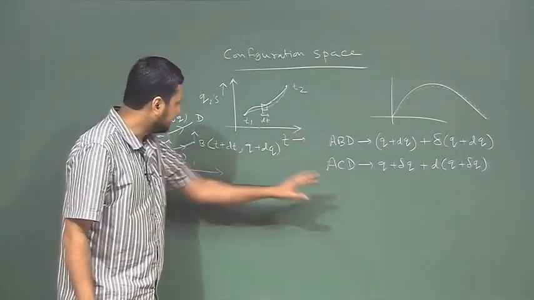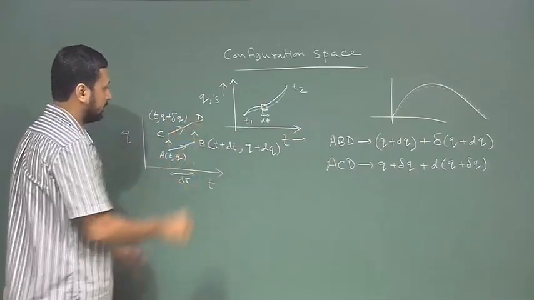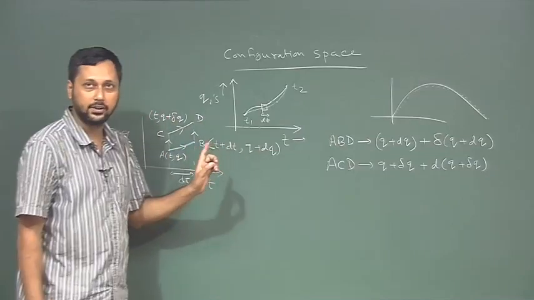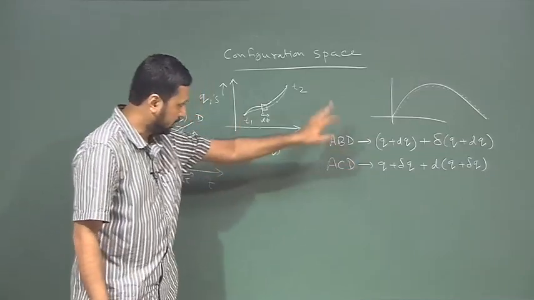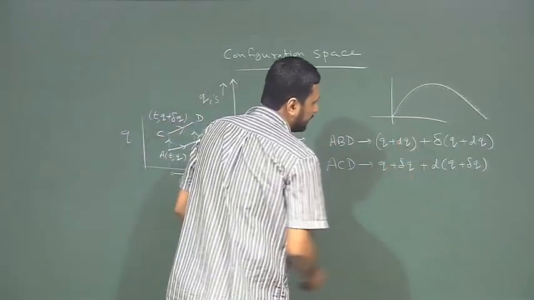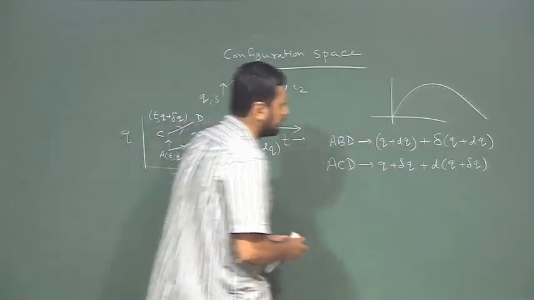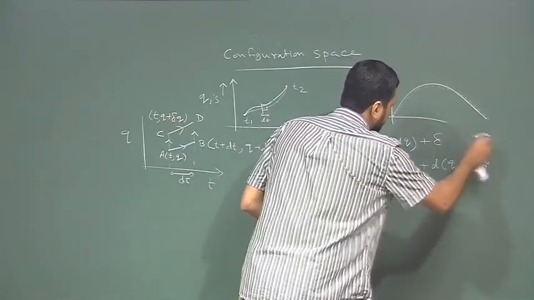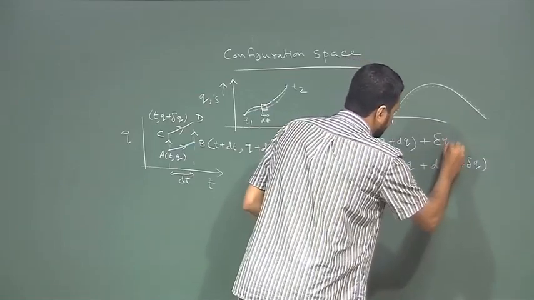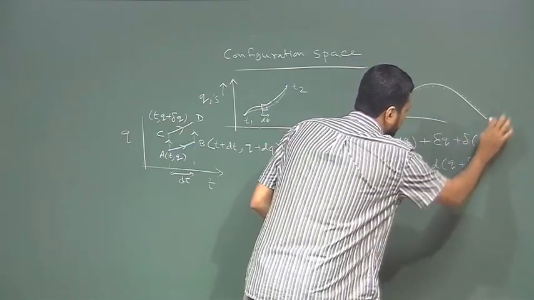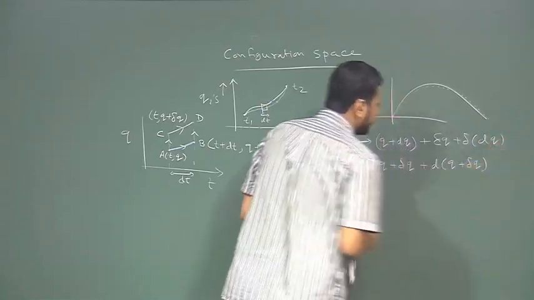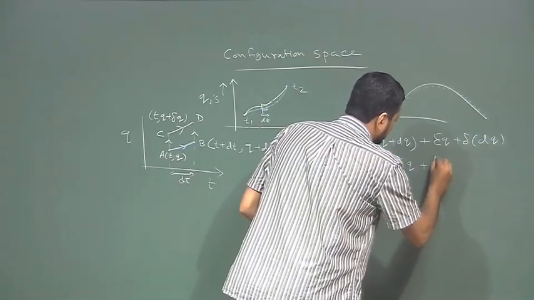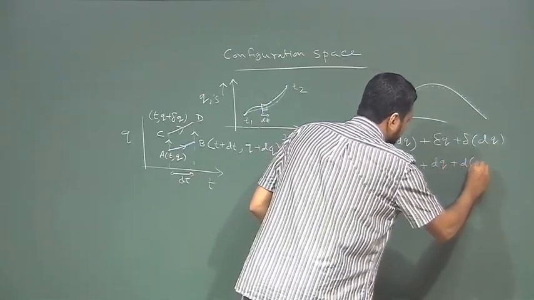Now D will have a unique coordinate. I mean, whichever path we take, it should not alter the coordinate of D. So, comparing this to this, they will be equal. We will see that all the terms will cancel out. If I open this bracket, there will be a dq here, delta q here plus delta of dq, and there will be a dq here plus d of delta q.